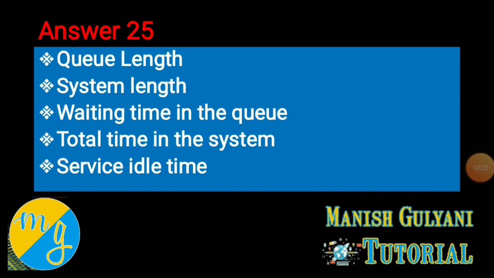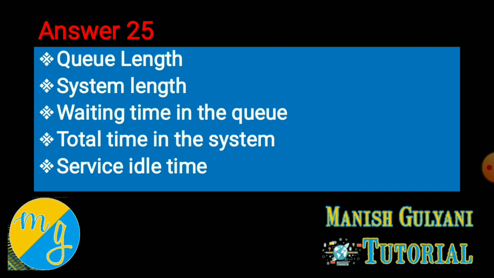the average number of customers in the queue waiting to get service. It means how many customers are waiting to get their services. That's called queue length. There is always a negative relationship between queue length and customer satisfaction level.